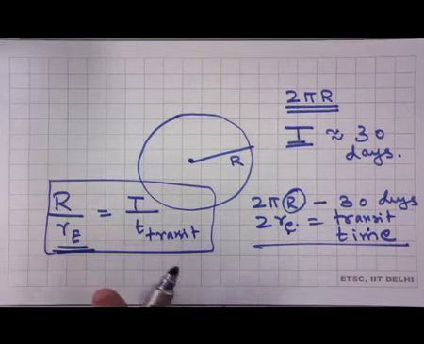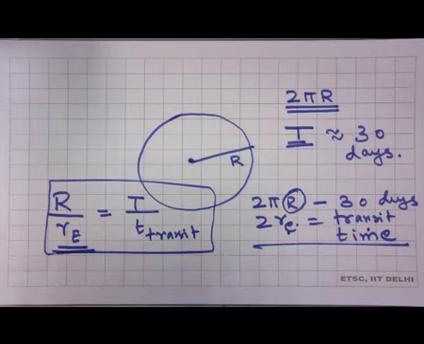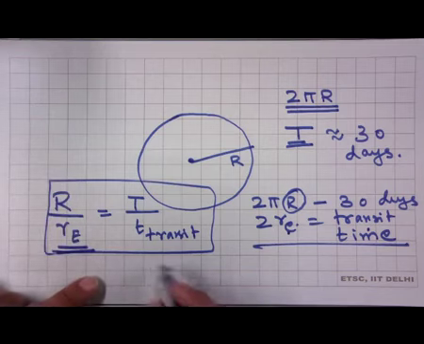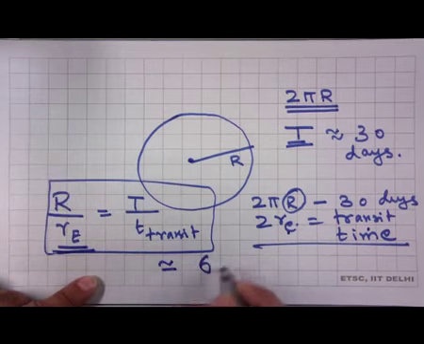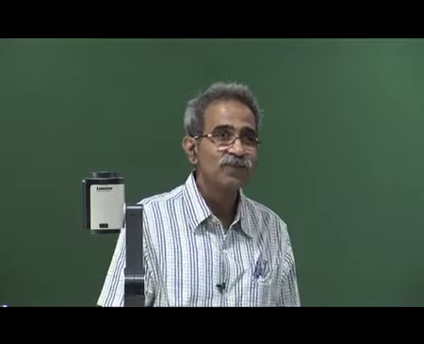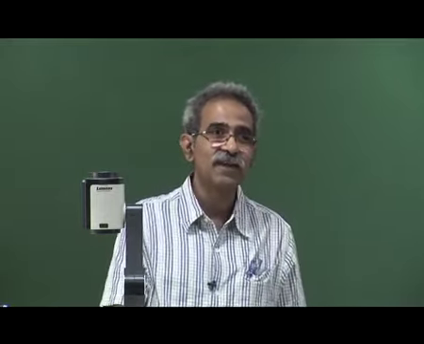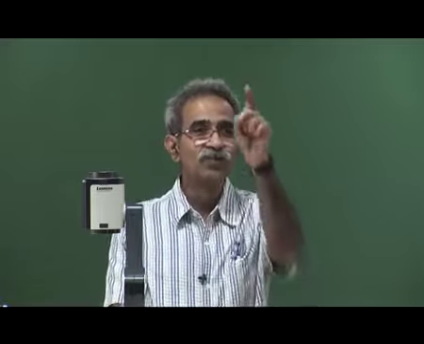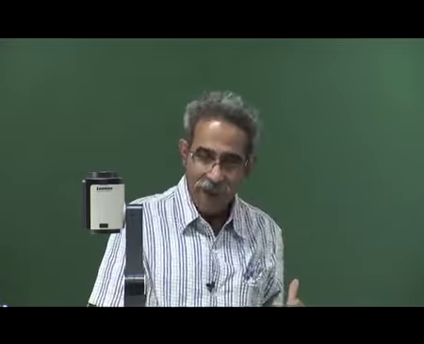genius of Aristarchus. Now if you work out this distance, it turns out to be roughly 60. Today there are extraordinarily precise measurements, actually measurements, not just observations, of the distance between the earth and the moon through lasers. You send a laser beam and you ask for the time for the laser beam to go, hit the moon surface, get reflected and come back.